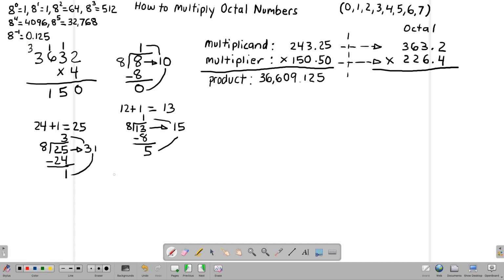So the next computation is 3 times 4, and we get the value 12. And then we have to add the carry. That gives us a value of 15. So we have to convert 15 into octal. So 8 goes into 15 one time. So 8 times 1 is 8. We subtract. We get the value 7 as the remainder.